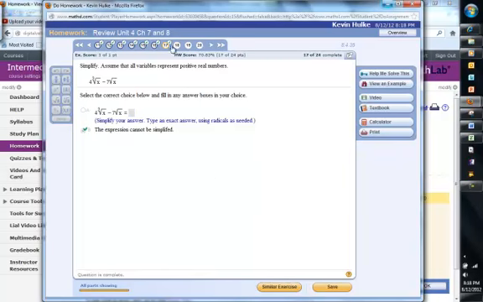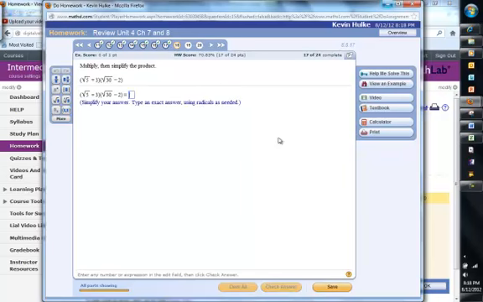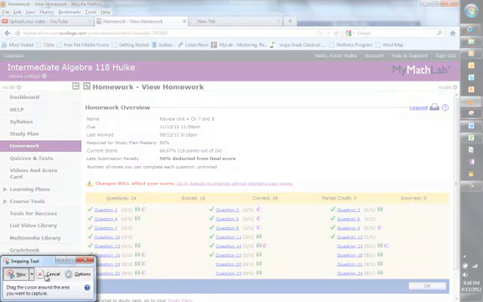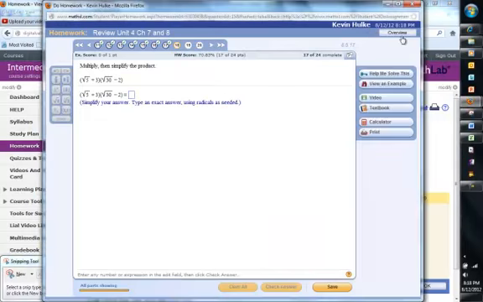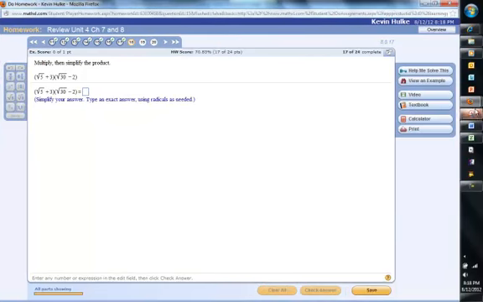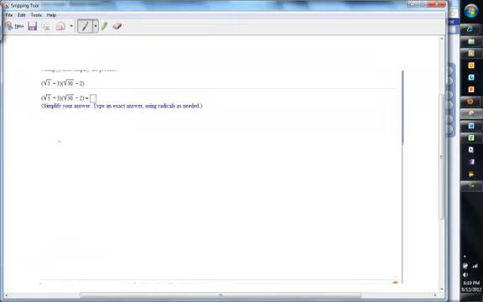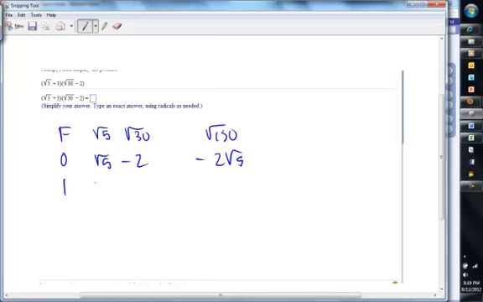Number 18. Here we go, multiply and simplify. So let's use our FOIL method. F is the root of 5 times the root of 30 is the root of 150. O is the root of 5 times -2 is -2 root 5. I is 3 times the root of 30 is 3 root 30.